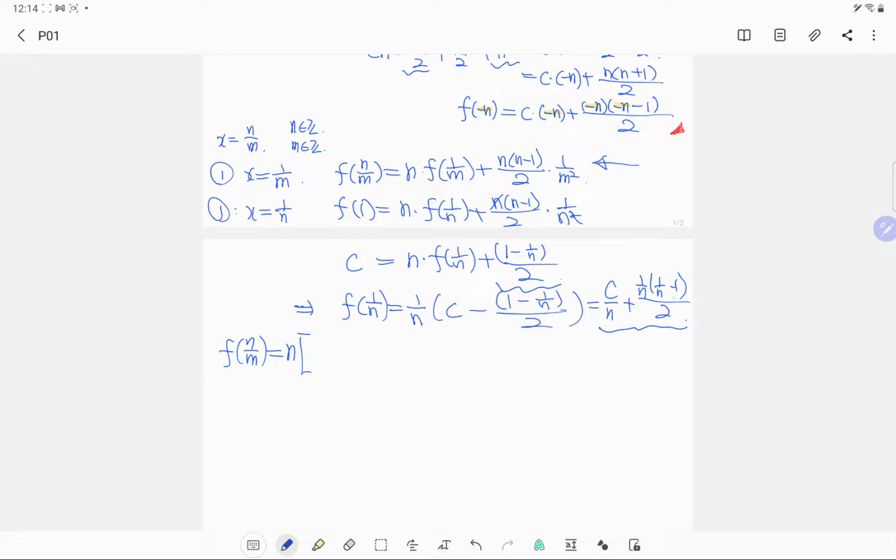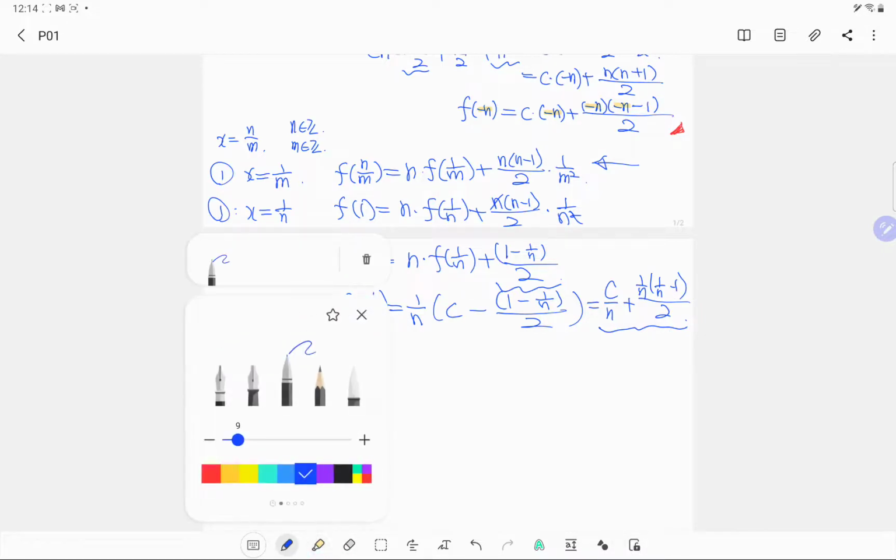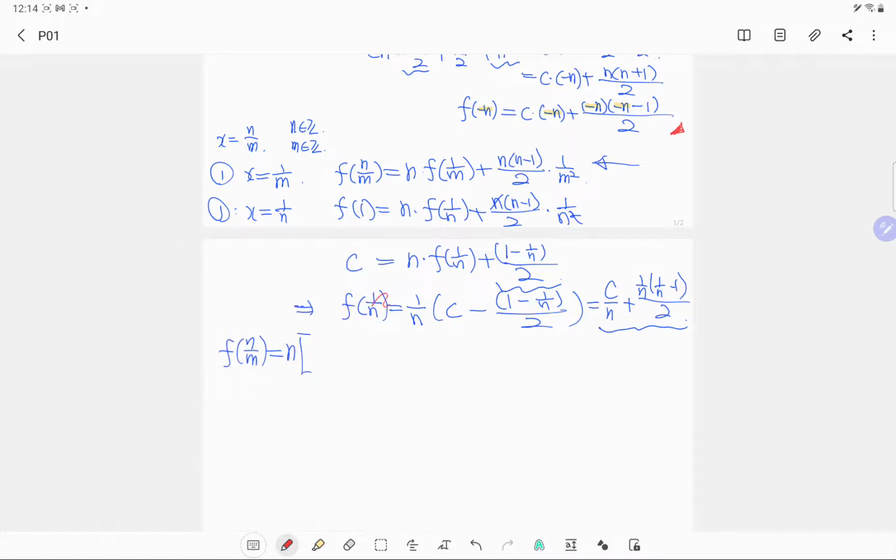Actually, this equation is n, but we can just change this into m, because it is just a dummy variable. So we have c over m plus 1/2 times 1 over m times (1 over m minus 1).